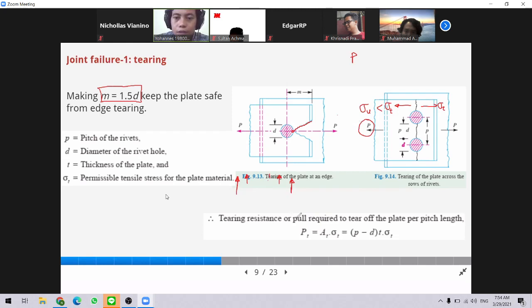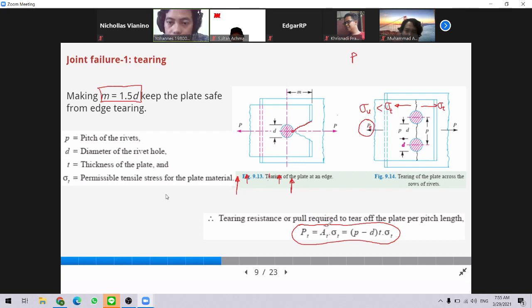So that's why we put the calculation like this. The maximum tensile load that works on the plate can be calculated like this.